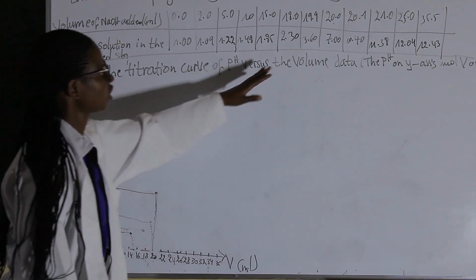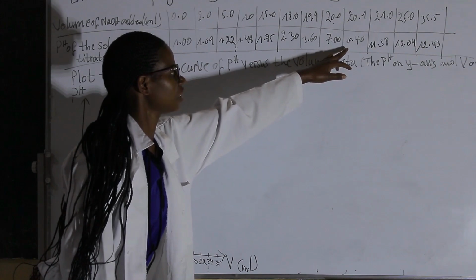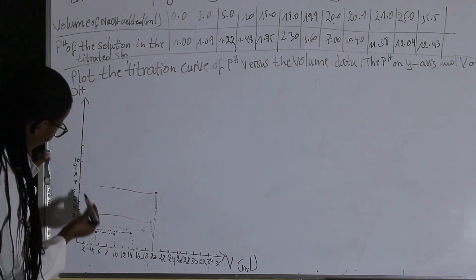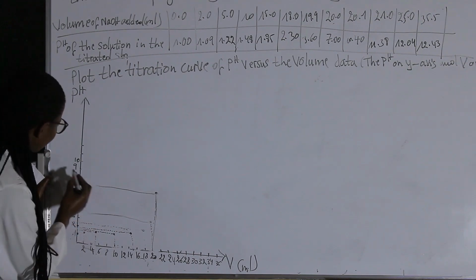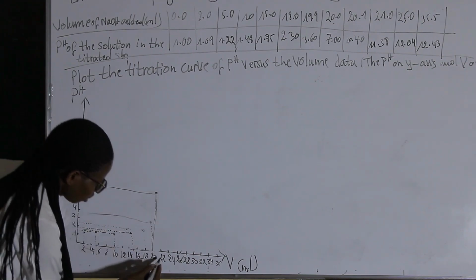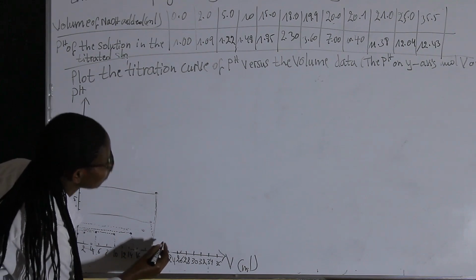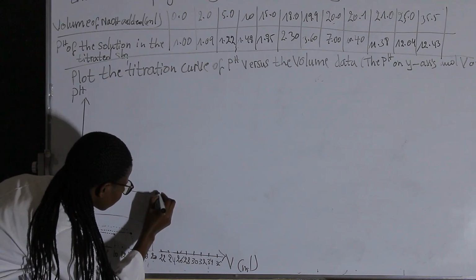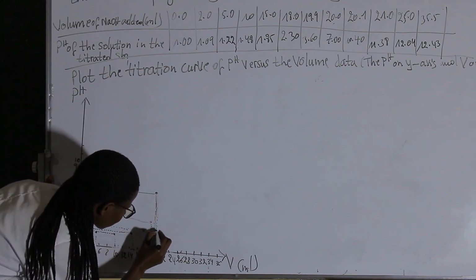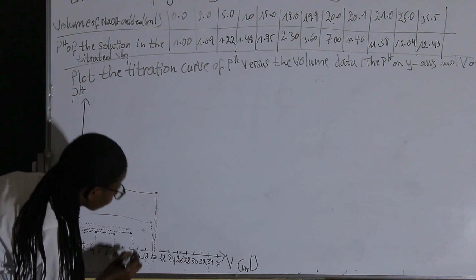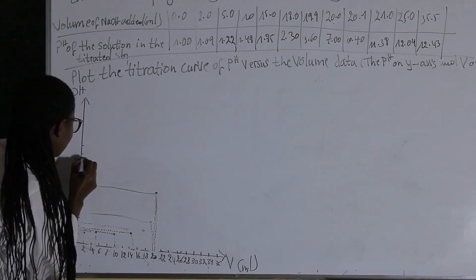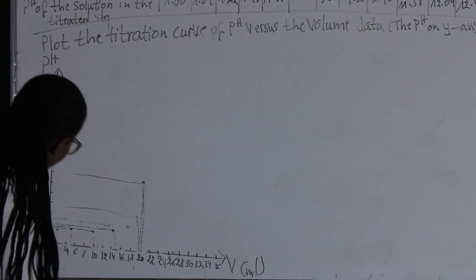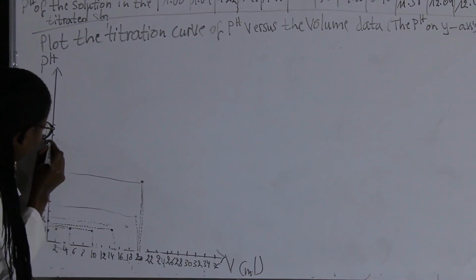Then reaching 20.1, the pH becomes 10.40, somewhere nearby 20.